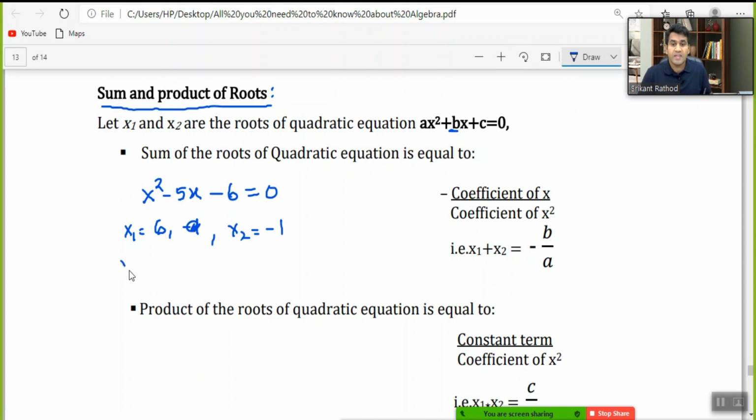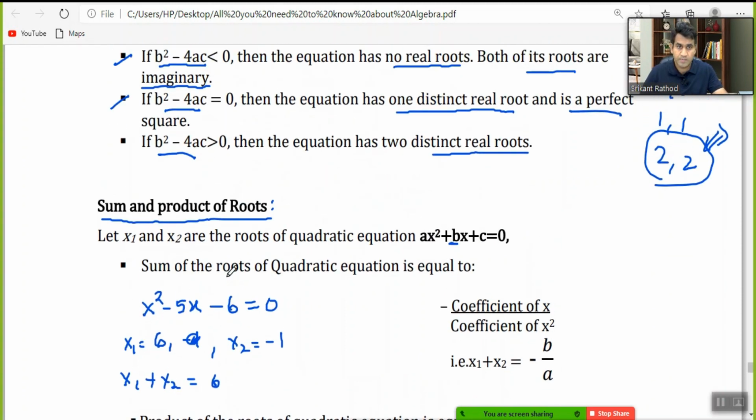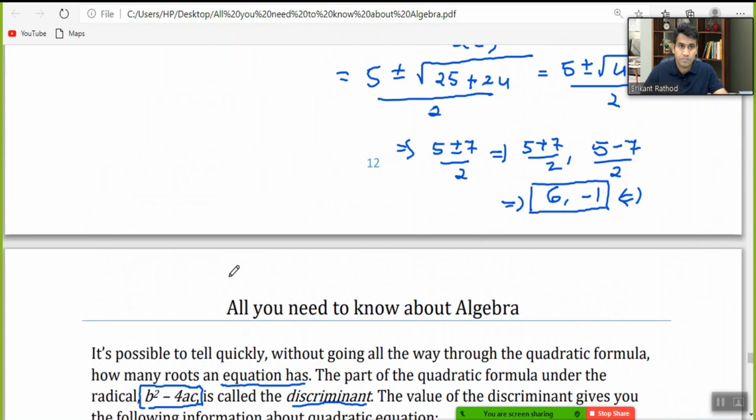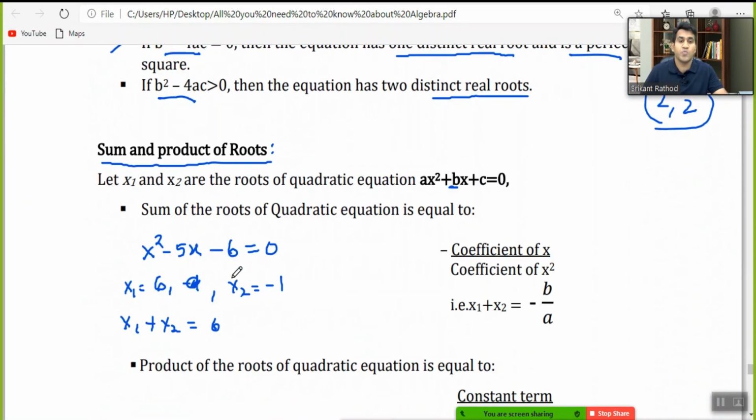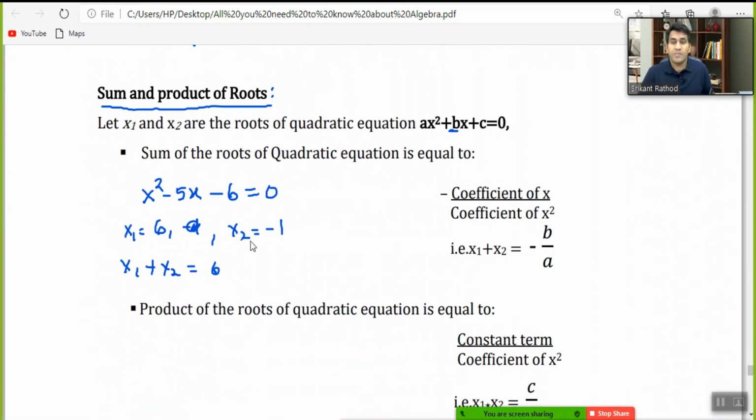When we add them, x1 plus x2, 6 minus 1, that's the sum, it's going to be 5.